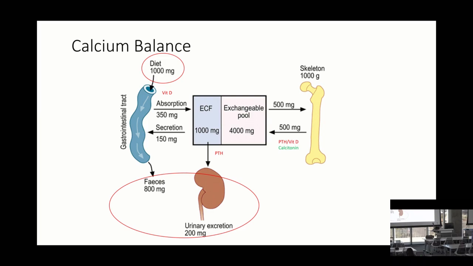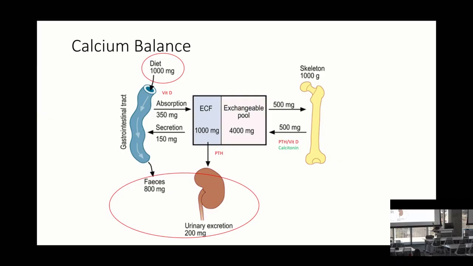You take in 1,000. There's some exchange between the gut and the circulation, and some exchange between the circulation and the bones. But the net effect is a net absorption of 200 milligrams, which is ultimately excreted in the kidneys.